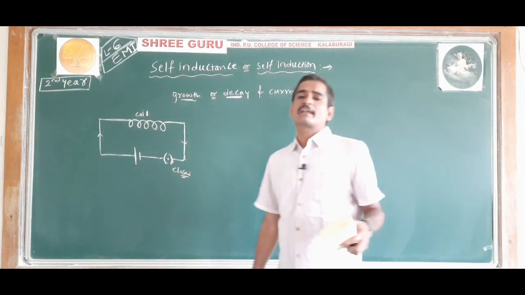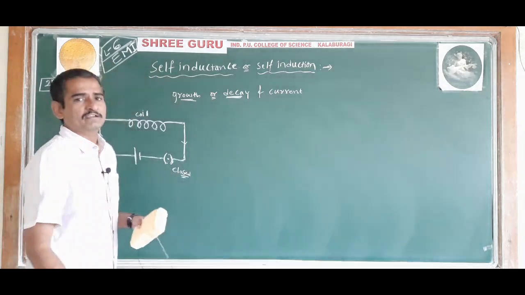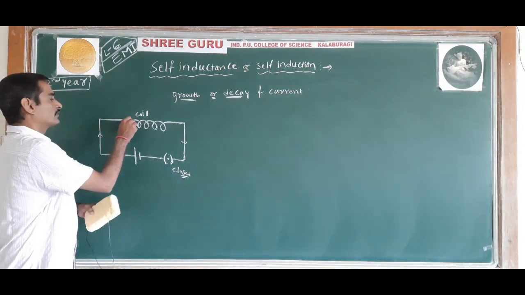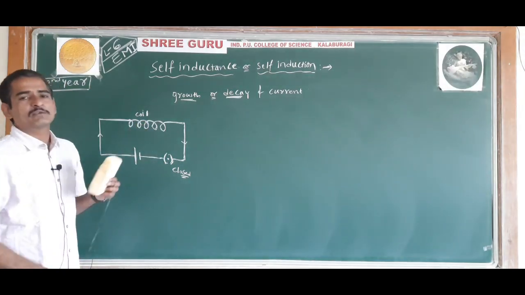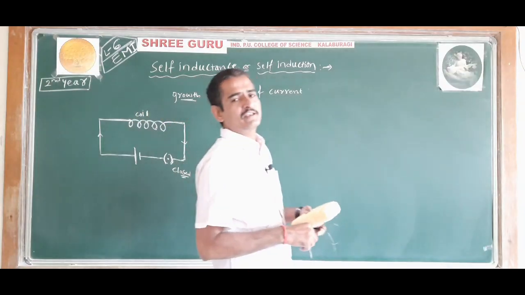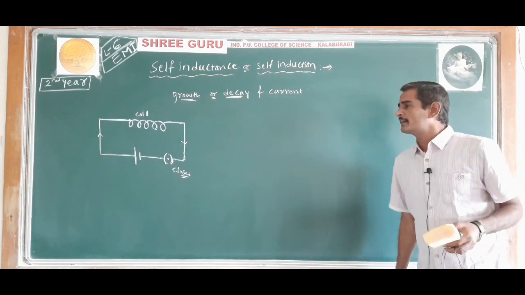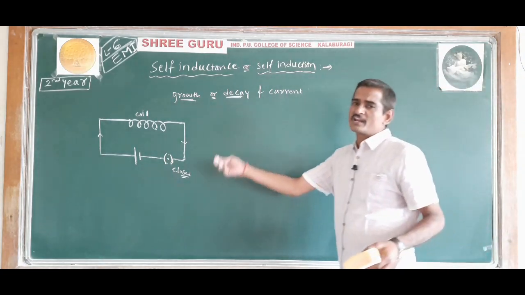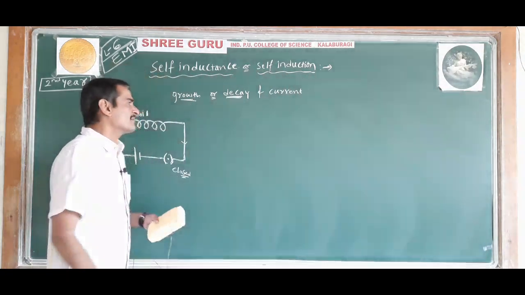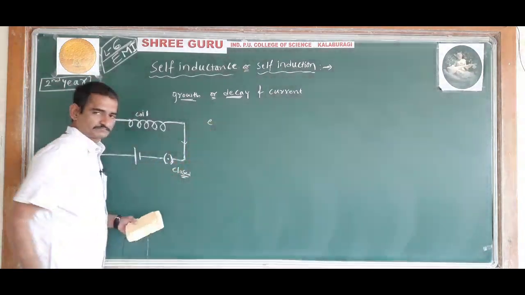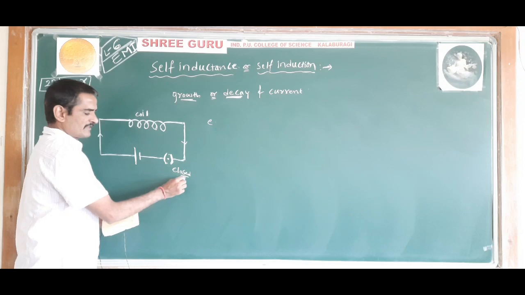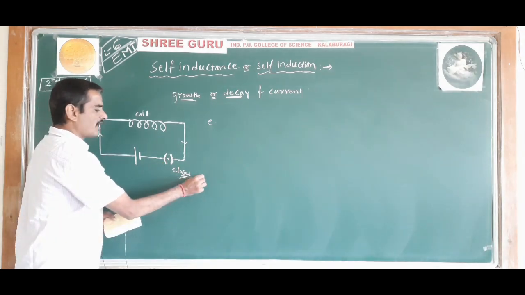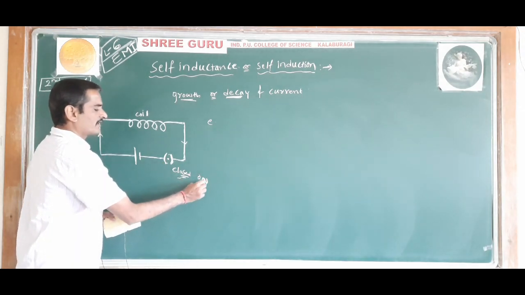Due to this increasing current, the magnetic flux linked with the coil will increase. As a result of this change in magnetic flux, an EMF is induced in the coil. Closed means it is on.